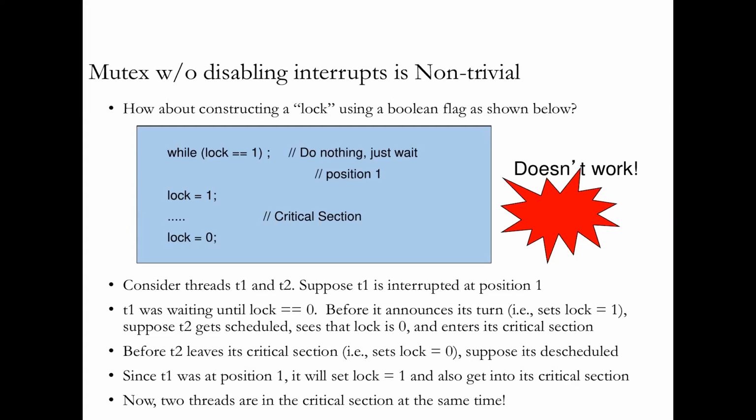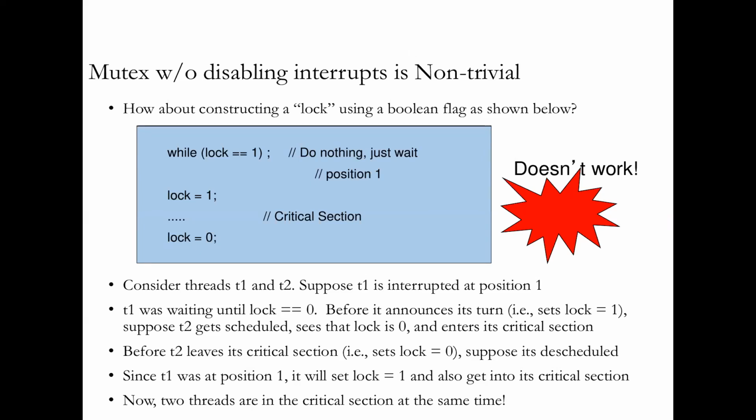Then what will happen is that maybe the original first thread will get resumed. And at that point, that thread will find that, okay, I can finally set lock to 1, because that's the next instruction that I need to execute. And even though the second thread was already in the critical section, it will set lock to 1. So now 2 threads are in the critical section.